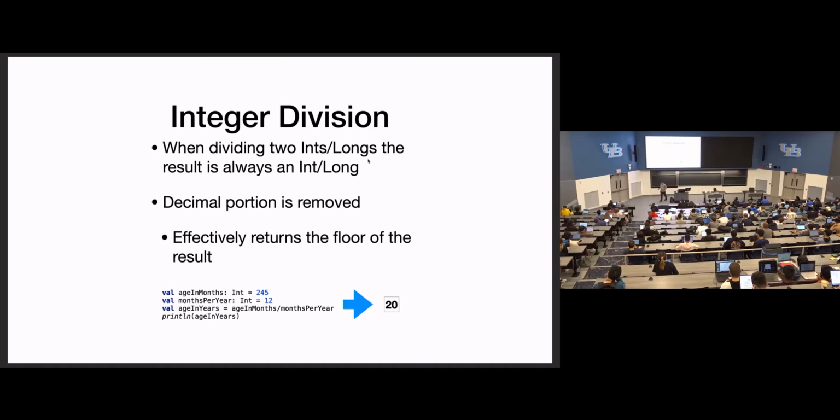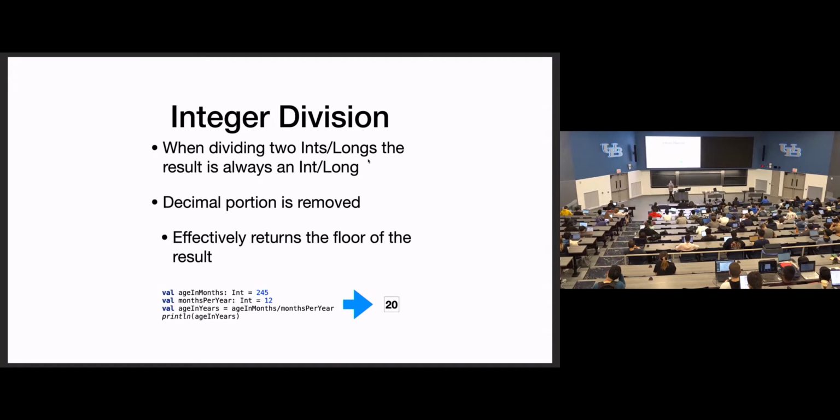I could probably spend the rest of today's lecture on this slide, and a good number of you are still going to come to office hours with this problem. I'll be like, you're doing integer division. Integer division, if you divide 2 ints or 2 longs or any combination of those, the remainder will be deleted.